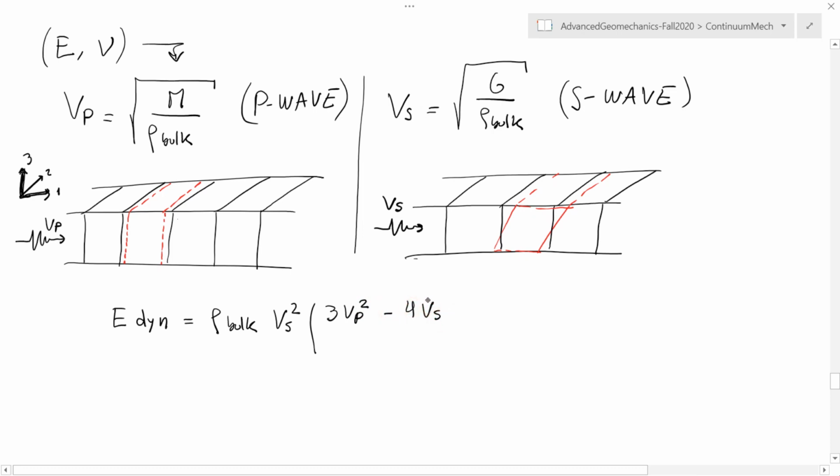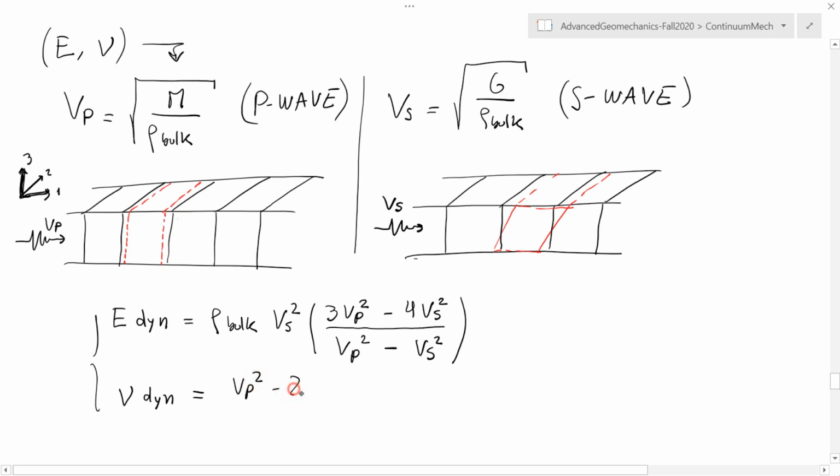So in addition, for example, to acoustic logs that we may need in the field in the wellbore in order to measure these waves, we're also going to need to measure the density. And with density and acoustic logs, you're going to be able to calculate the dynamic Young modulus and Poisson ratio.